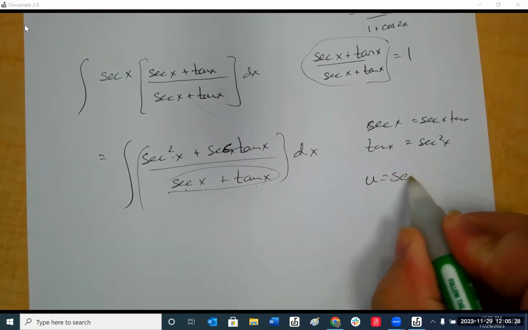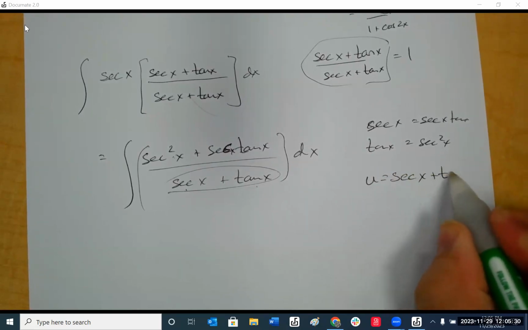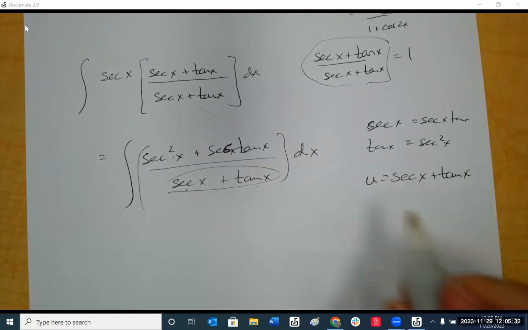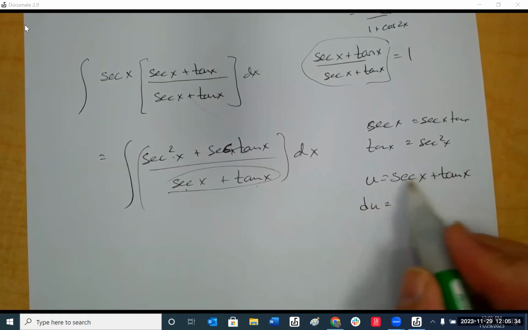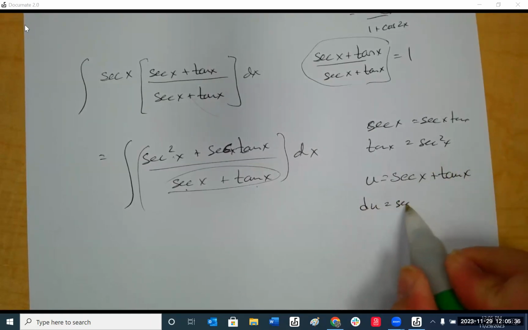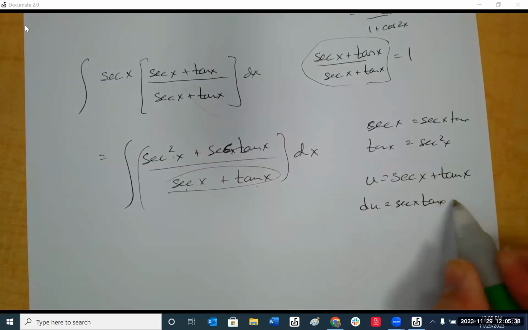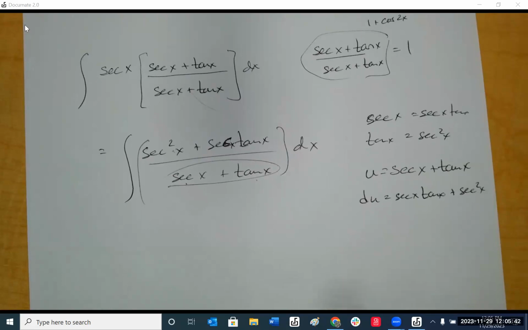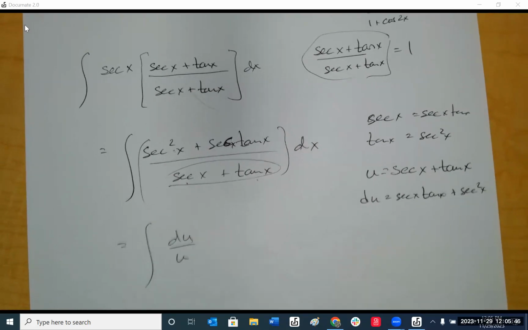So if u is both of those, then du would be secant tangent plus secant squared. So what we would have here would be du over u.